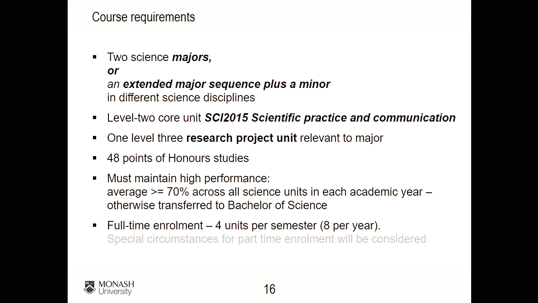For a full-time enrolment, and this course is only offered full-time, you need to complete 4 units per semester, and that's 8 units per year. In very special circumstances, we may waive that for part-time enrolment, but this course is generally only offered for full-time study.